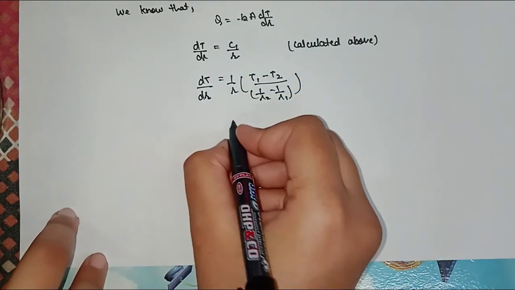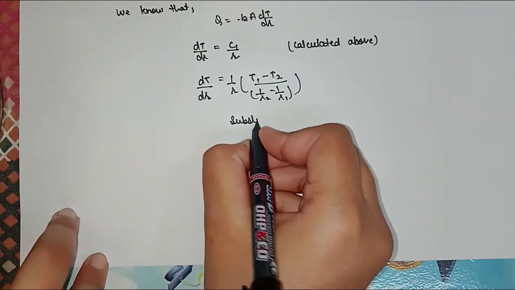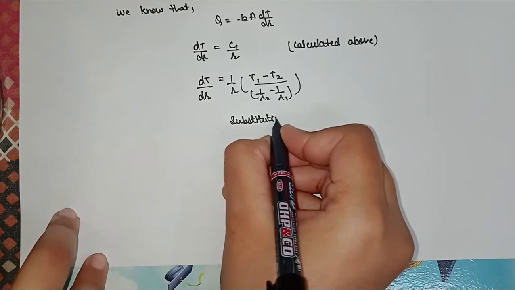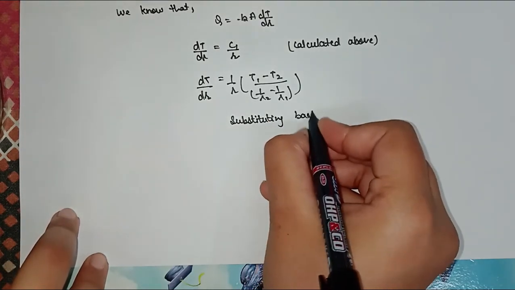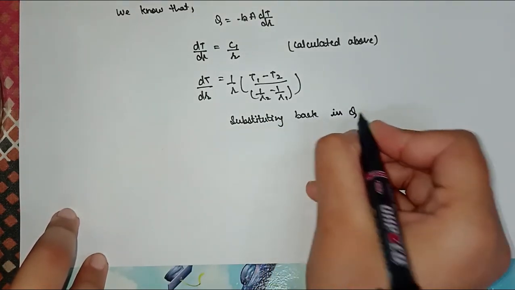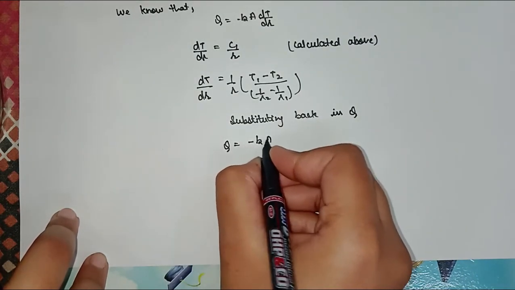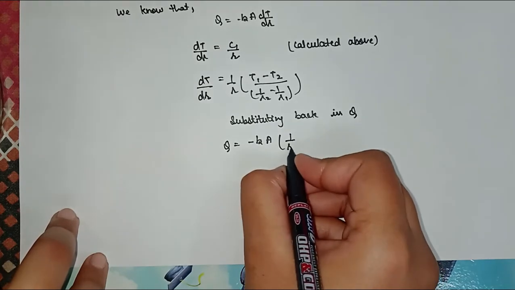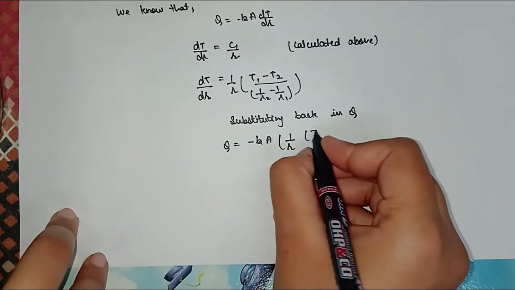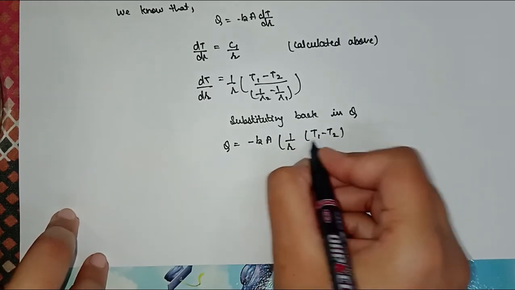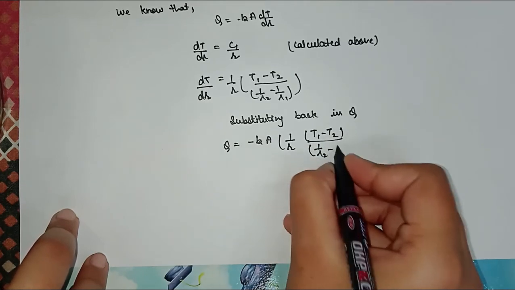Now substituting this in the above equation, we will get Q equals minus KA (1/r) multiplied by (T1 minus T2) divided by (1/R2 minus 1/R1).